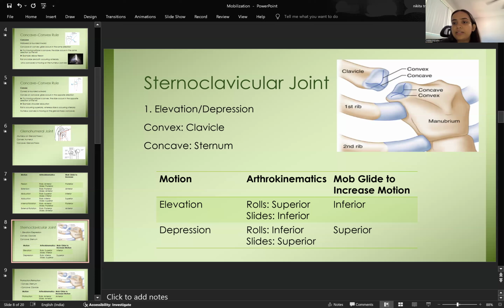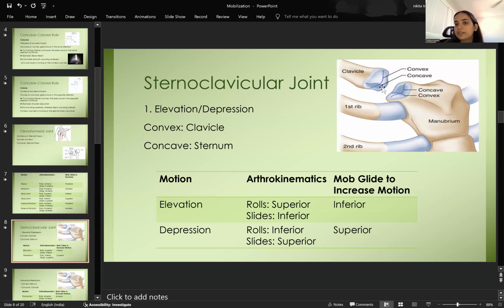So there is one exception with the sternoclavicular joint. When the clavicle is moving in elevation and depression, as we know the clavicle is moving because the sternum is not going to move anywhere. The sternum has a fixed joint position. The clavicle is the bone that is moving. So when we are doing the elevation, the clavicle is convex.